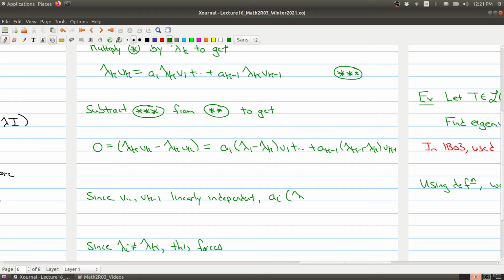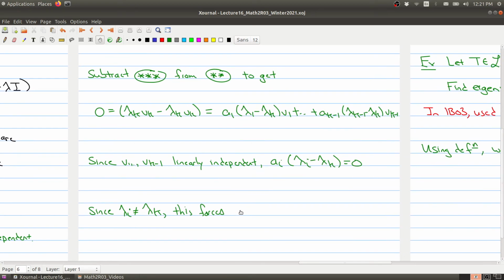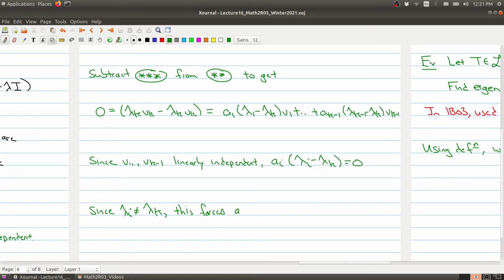In particular, ai times (lambda i minus lambda k) is equal to 0. On the other hand, we know that all the eigenvalues are distinct. So the i-th eigenvalue is different from the k-th eigenvalue, and so this forces ai to be equal to 0.